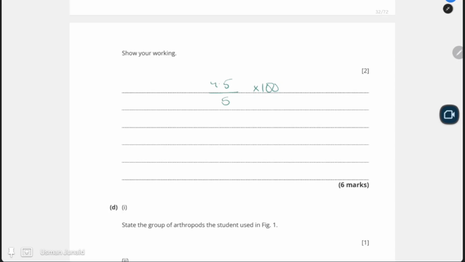Okay. So how much is that? 90. A 90% increase. Yes.